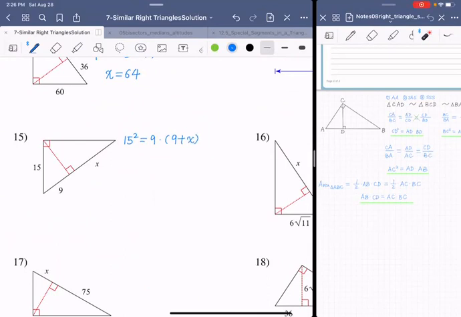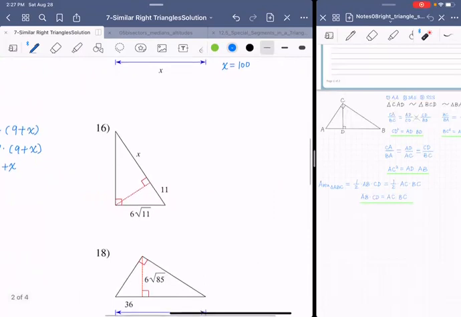The left is 225, so we can do 3 squared times 5 squared, okay? Does this cancel? Yes. So 25 equals 9 plus x. X equals 16. There you go.